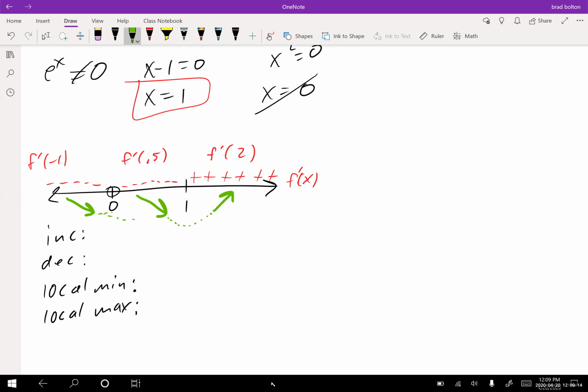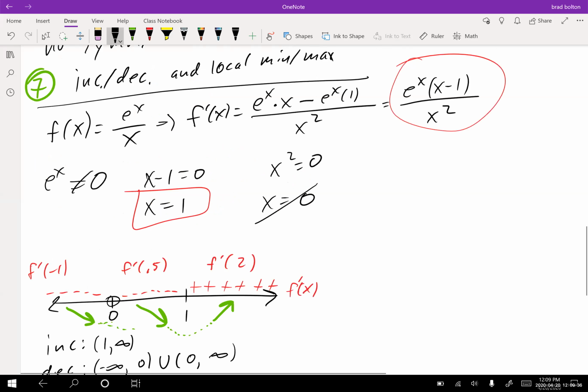So let's write our increasing interval, and that would be from 1 to infinity. Let's write our decreasing interval. That would be from -infinity to 0, union 0 to infinity. Remember, we can't actually touch 0, so we have to hop over it with our union. And then we know that there's a local min, and the local min is at 1, comma.